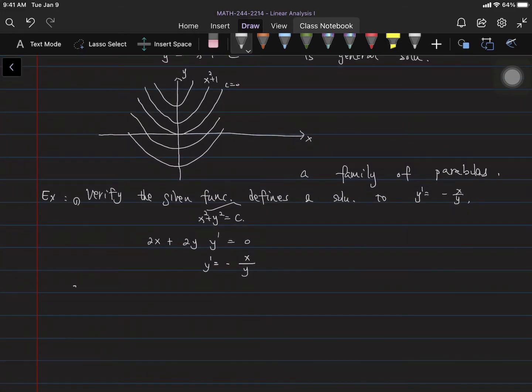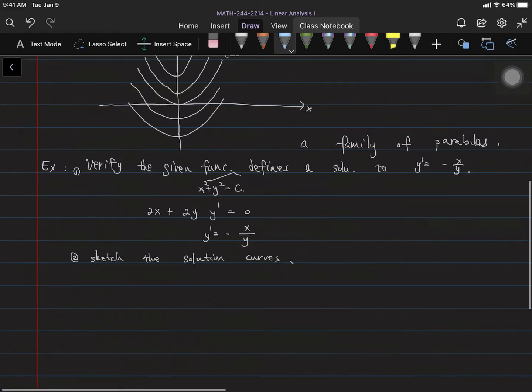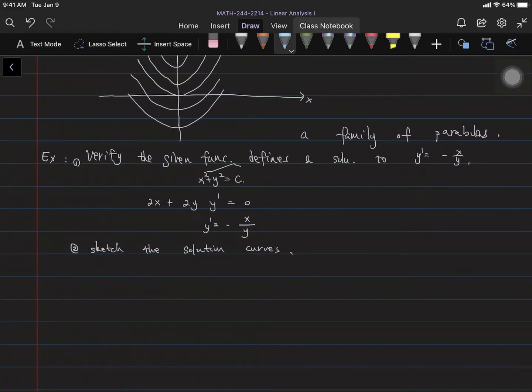Now, the second question, we want to sketch the solution curves. Please try this by yourself. So what's the solution curve to this one? You can see actually x squared plus y squared equals something, that is a circle, right?